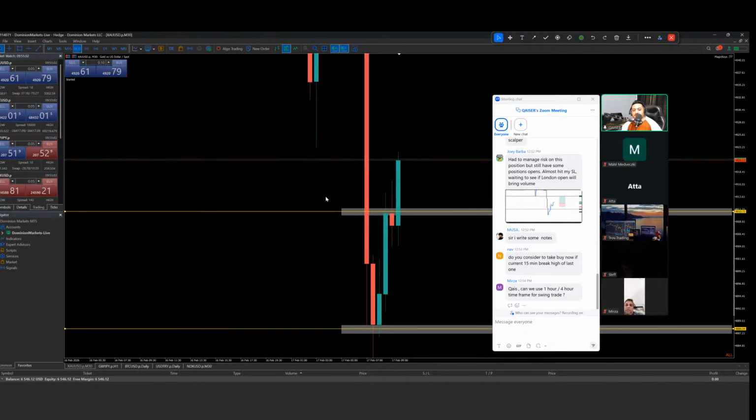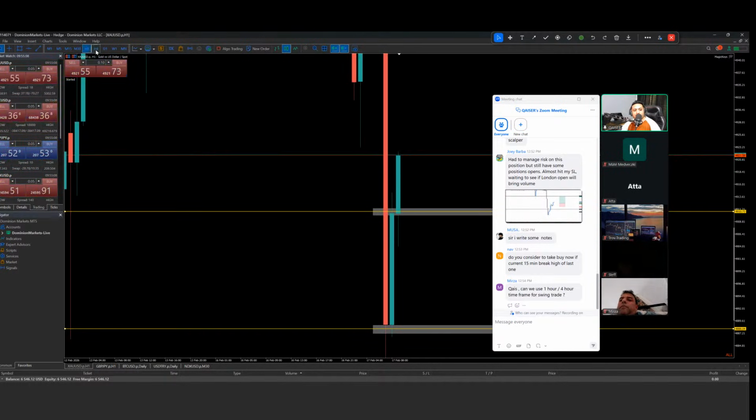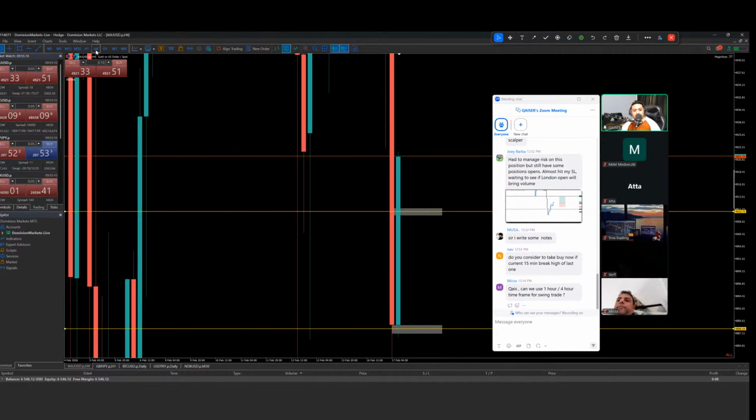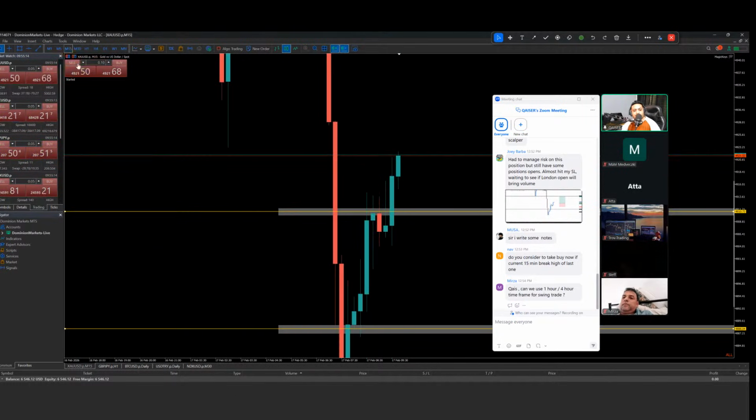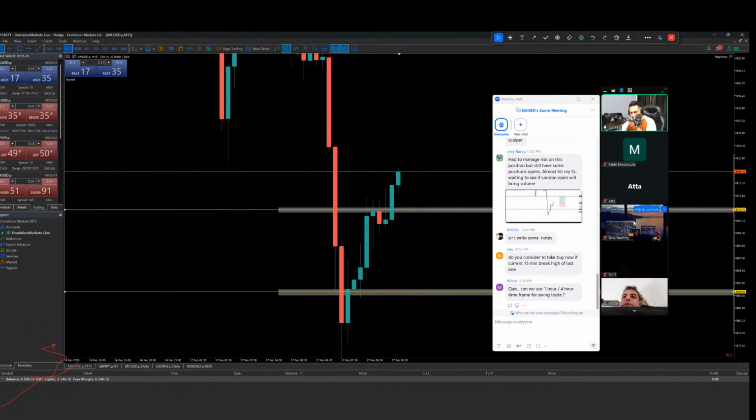Waiting for the 30-minute candle to be closed. Guys, can we use 1 hour, 4 hour time frame for swing trade? Yeah, sure. Why not? Makes sense. Just need to wait here, waiting, waiting, and waiting.